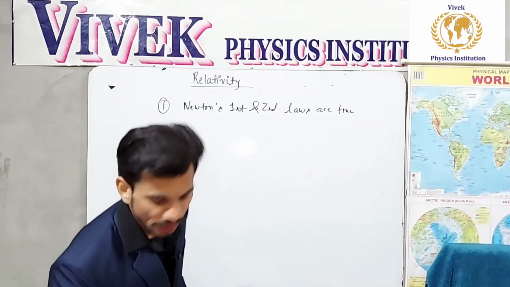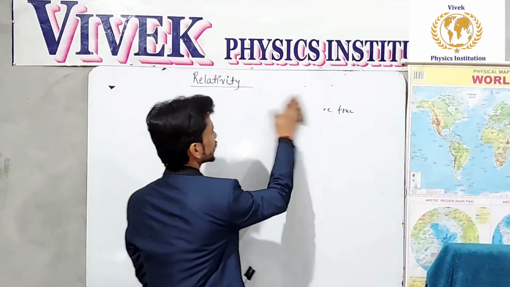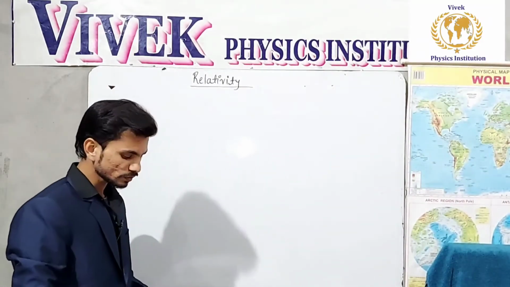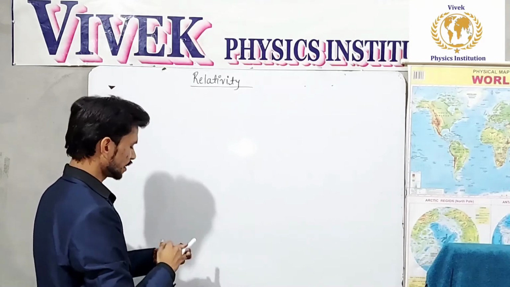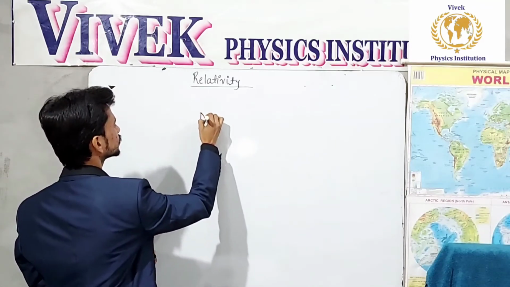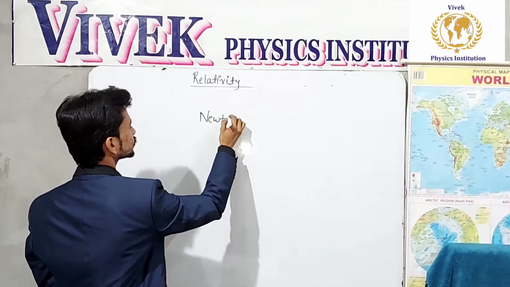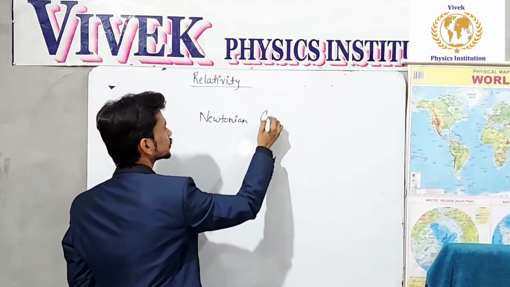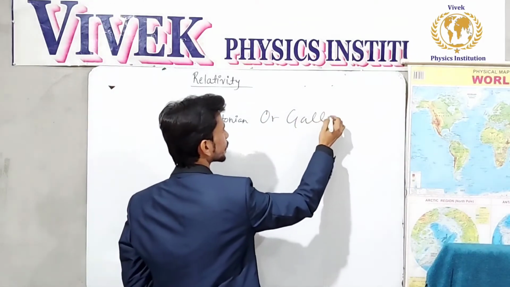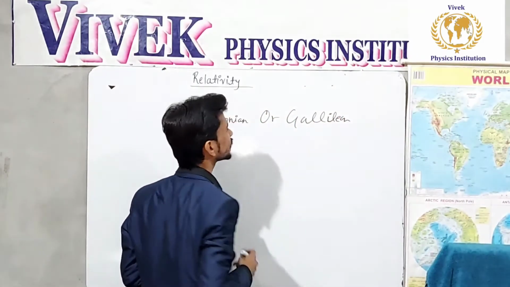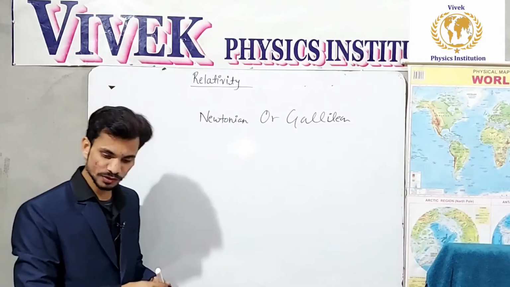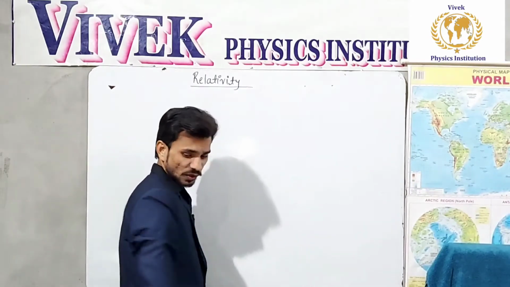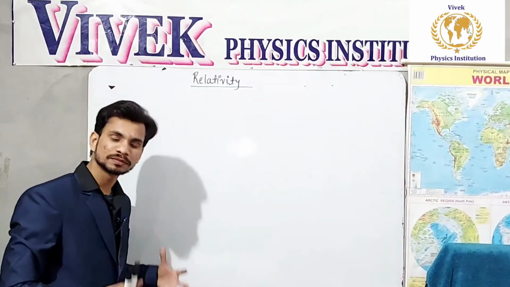So before that, let us consider one more important thing about frames of reference. An inertial frame of reference is also known as a Newtonian frame of reference or Galilean frame of reference. Okay, Galileo was also a great scientist. So we are discussing the Newtonian and Galilean frames of reference.